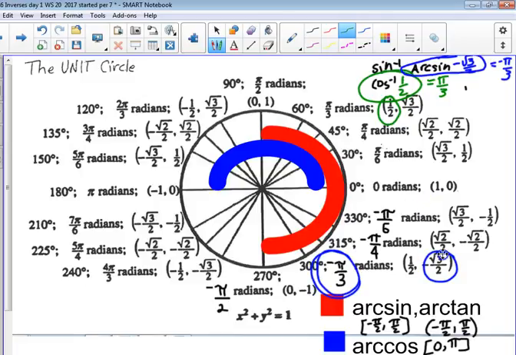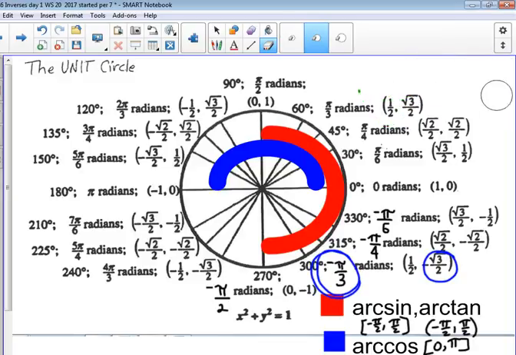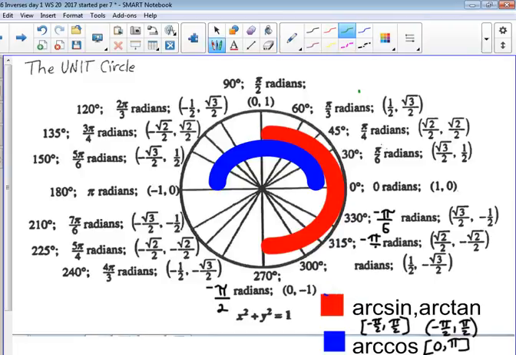Then there was tangent. Tangent is not on our unit circle. It's not the x coordinate or the y coordinate. It's the y over the x, right? So we tried to go quickly through it yesterday. The tangent here would be square root of 3 over 1, or square root of 3.